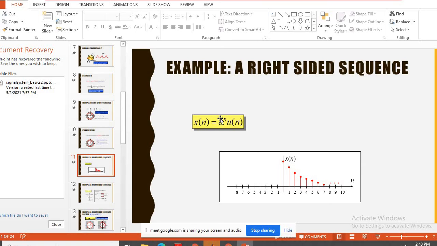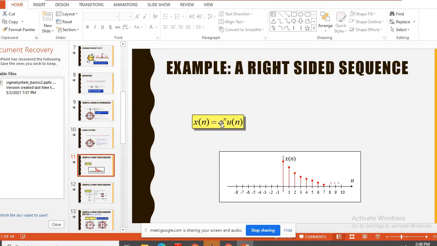One thing you remember: how is the equation given? It is the general sequence. I have not mentioned any actual value anywhere. The simple signal is written as x of n equal to a raised to n u of n. What is a raised to n? A may take any value. For example, we are just assuming it is a small positive integer.